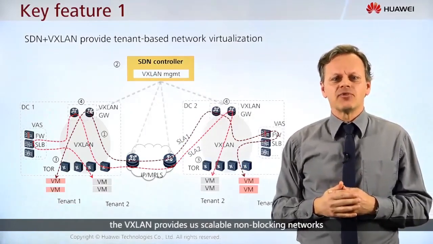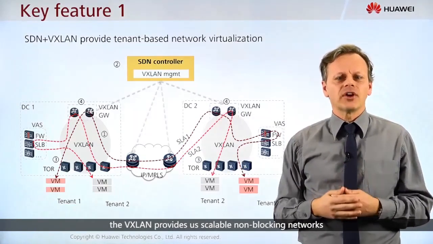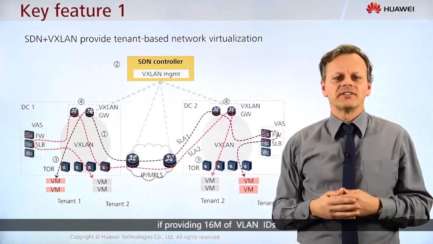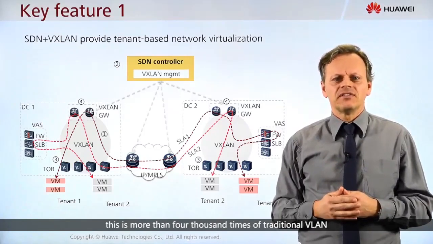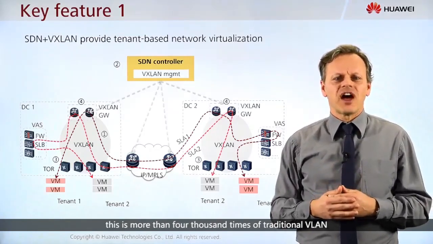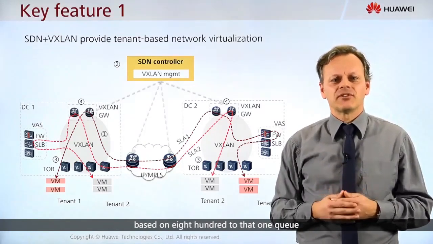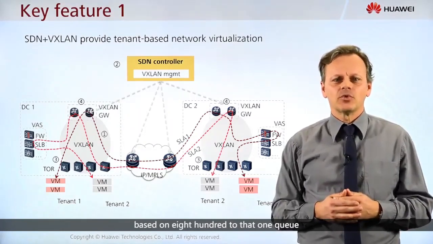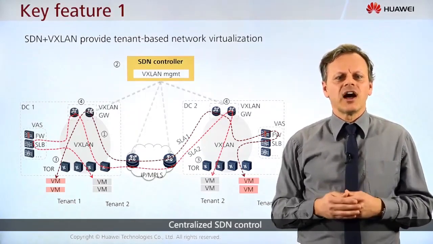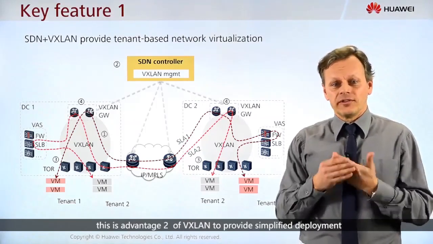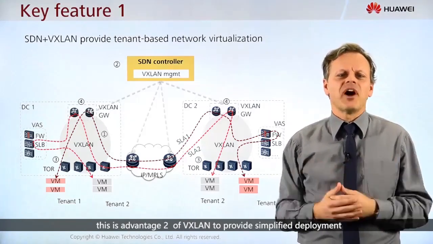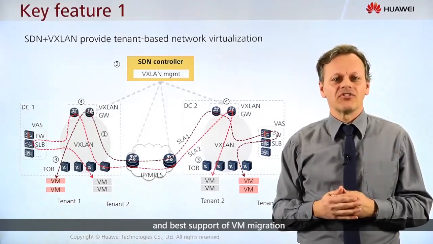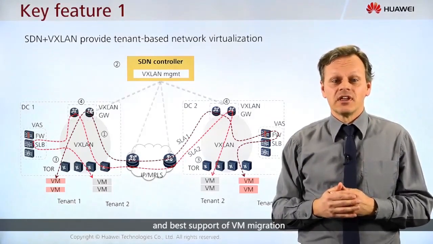The VXLAN provides a scalable non-blocking network by providing up to 16 million VLAN IDs. This is more than 4,000 times of traditional VLAN based on IEEE 802.1q. Centralized SDN control, this is advantage 2, of VXLAN to provide simplified deployment and best support of VM migration.